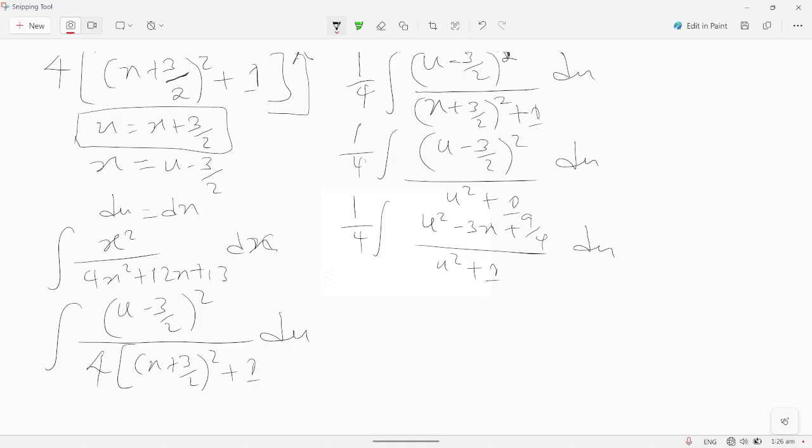So from this, we almost have the answer. The only thing is you just have to divide through the denominator into the upper part. We can separate the parts: u squared divided by u squared plus 1, negative 3u divided by u squared plus 1, and 9 over 4 divided by u squared plus 1. Let me clear this so that we get more space for integrating what we remain with.